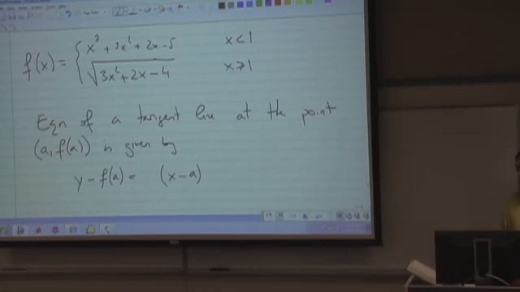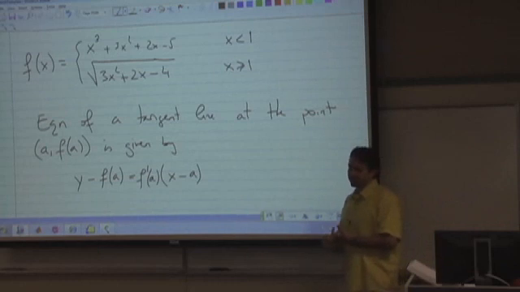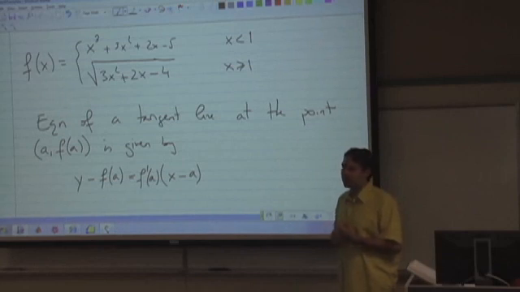But we found out later on that m is nothing else but f prime of a. Right? So if you look at 16a, you're basically given a, f(a), and f prime of a. So all you have to do is just put each one in its spot, and you get your answer.